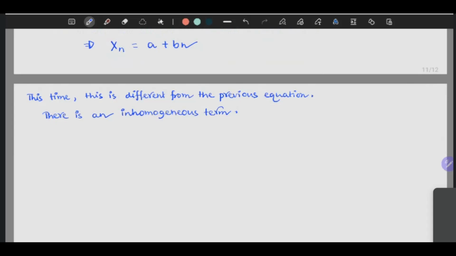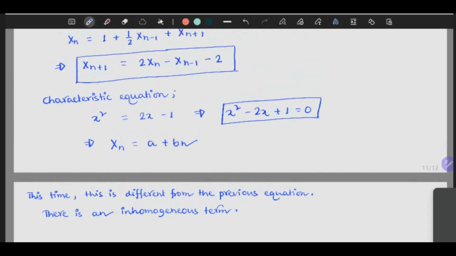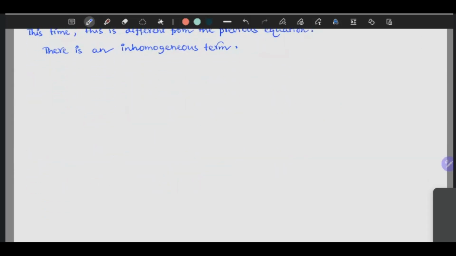And this term is a constant, right? Because you can get the difference like this.